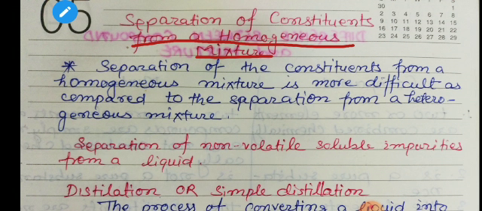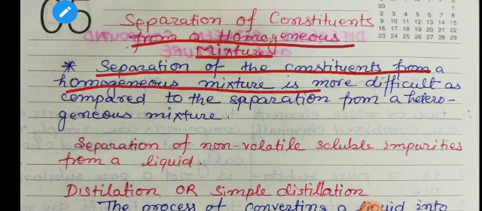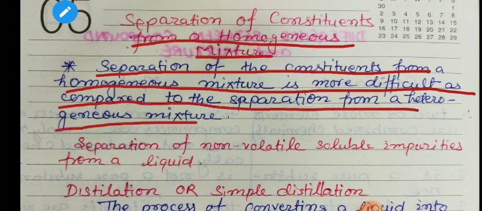Separation of constituents from a homogeneous mixture. So students, separation of the constituents from a homogeneous mixture is more difficult as compared to the separation from a heterogeneous mixture. We have many times discussed this, because the heterogeneous mixture has a clear boundary of separation, whereas a homogeneous mixture does not have any clear boundary of separation.